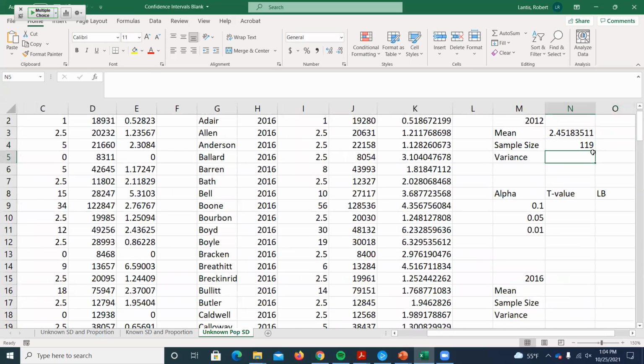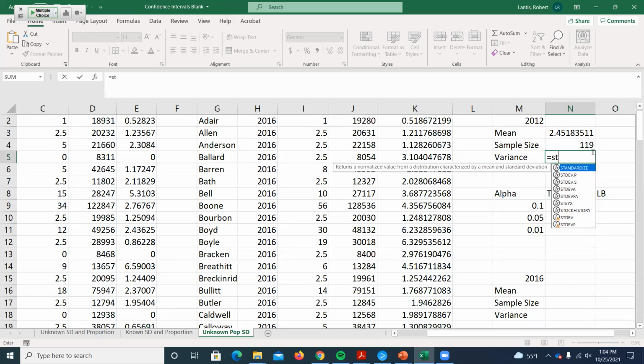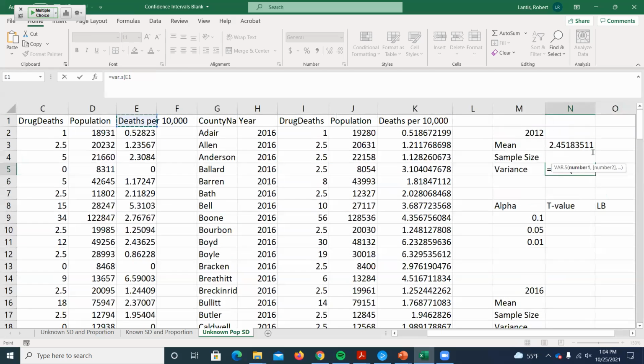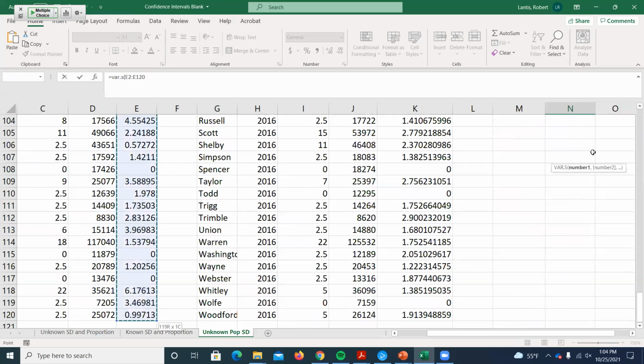Before, I was given a population variance because I couldn't see the population data. Now I'm not given a population variance, so the best I can do is find a sample variance from my sample. Or, this is a standard deviation. I need the variance, don't I? So var.s, all right? I go over and find the sample variance here.